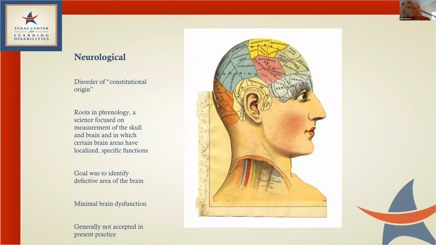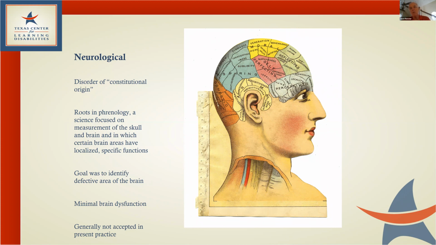This method has its roots in phrenology, which is a science that measured different parts of the skull, where it was presumed that the indentations told you about different attributes of the person. The goal of a neurological model is to identify defective areas of the brain.